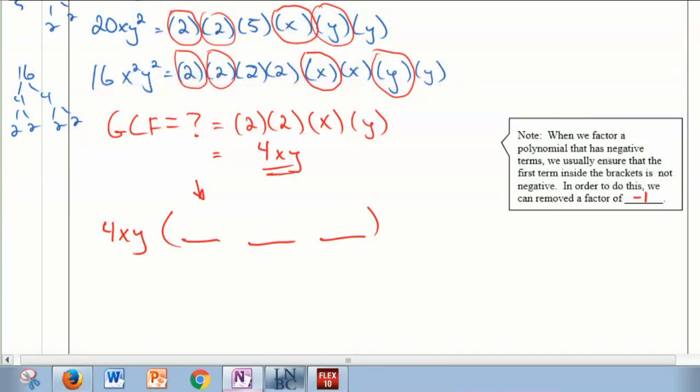So if we pull out a -1, I could write a -1 here, or I could just multiply the -1 and this 4 together and just end up with simply a -4xy. It's going to make my first term here positive, which is what I'm hoping to end up with. So let's do that. I'm going to pull out that negative as well, just so I can make the math gods happy and have that positive first term.